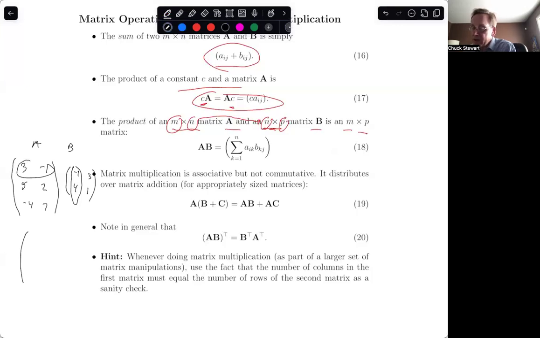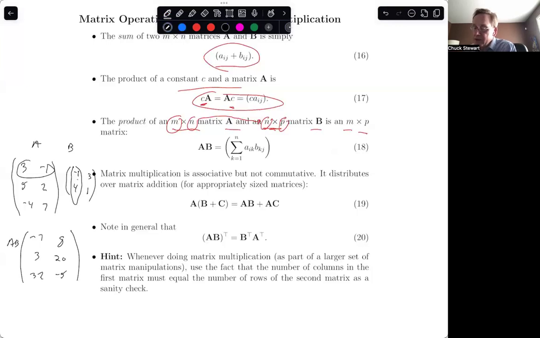So that's minus 7. Then 3 and 3 and minus 1, that's 8. 5 and 2, 5 times minus 1 is minus 5, plus 8 is 3. So we have 20, and 4 we have, what's that? That's 32. And minus 12 and 7 is minus 5. So that's AB.